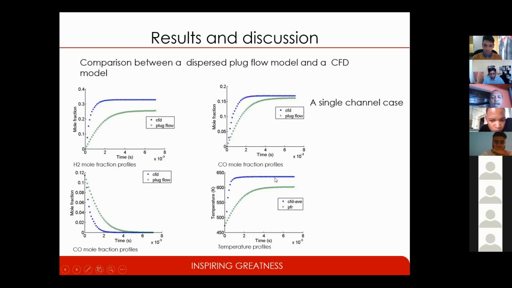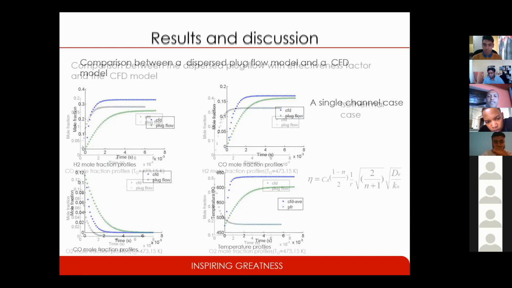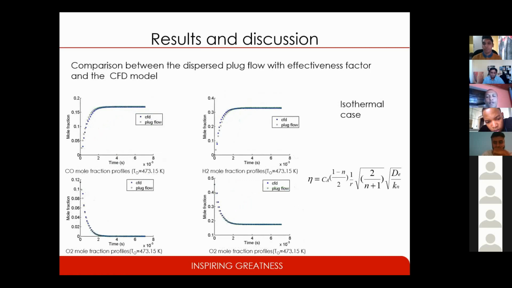And this is because, like I said, we haven't accounted for the mass transfer limitations, and our concentrations have not been corrected, hence the discrepancy that we observe. So now we realize that indeed there is this significant difference. And now came the inclusion of the effectiveness factor to correct for the reaction rate.